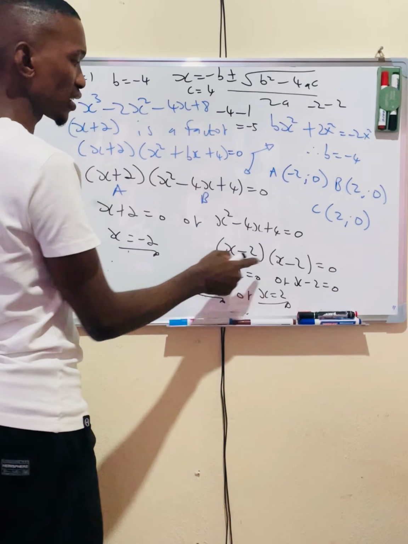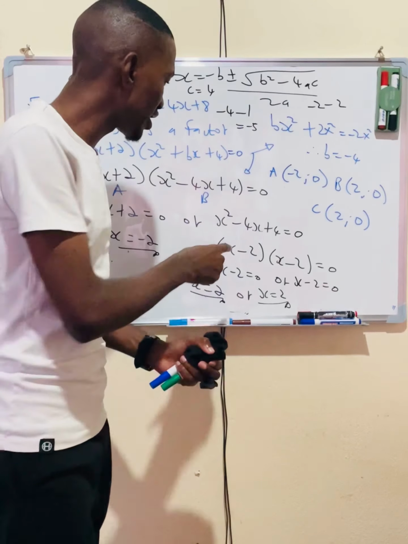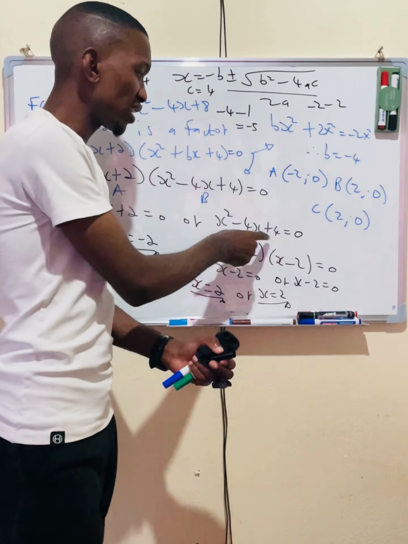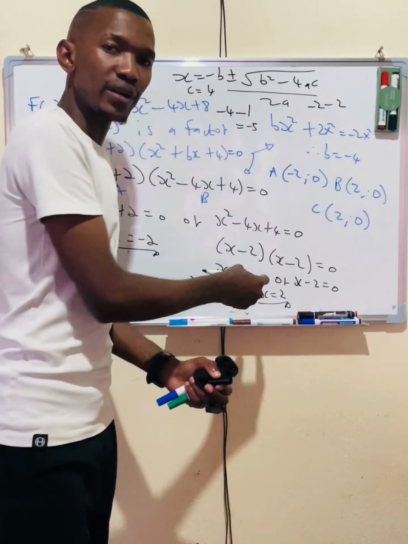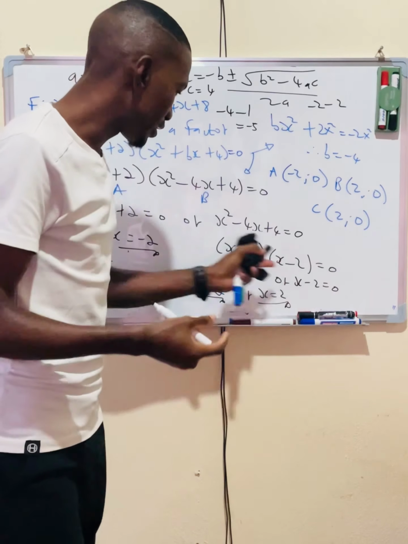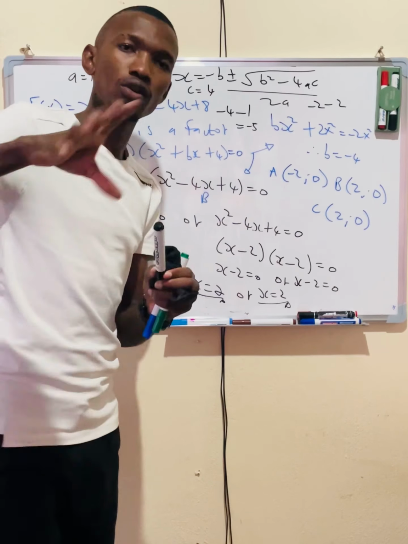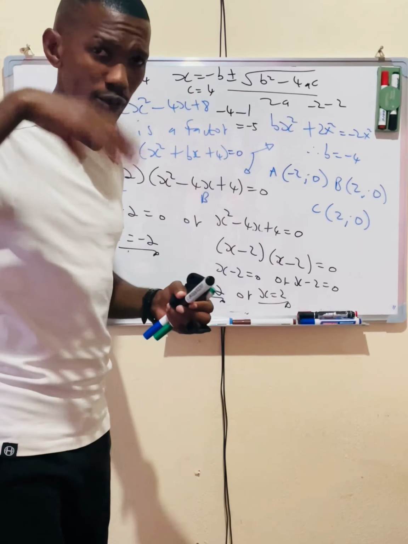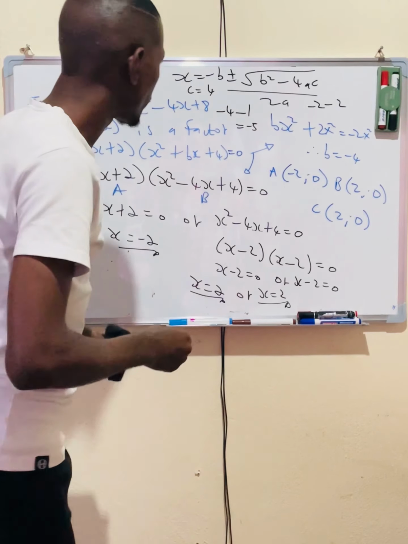Hence, I use these two factors. And keep this in mind: if the middle term is negative and the last term is positive, all the values in the brackets must have a negative sign. That is how we factorize this type of expression, using those basics from grade 9.